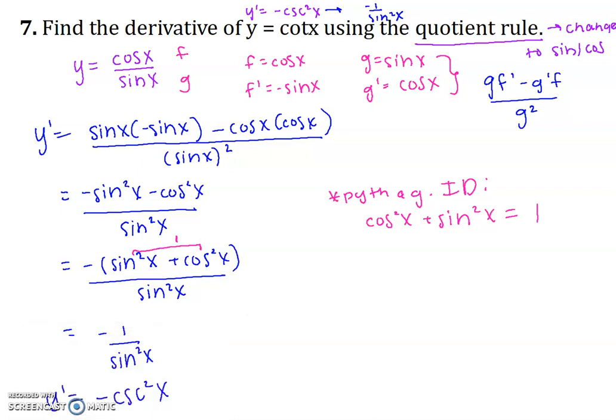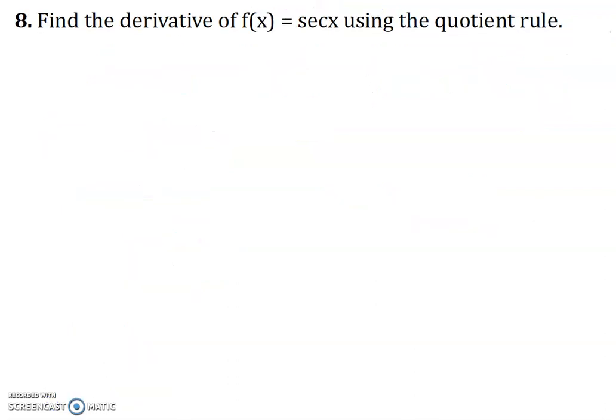So let's look at another one of these using the quotient rule. Find the derivative of secant of x using the quotient rule. Anytime you see that, that means change it to sine and cosine. So f of x equals secant, which goes with cosine, so that's 1 over cosine of x.